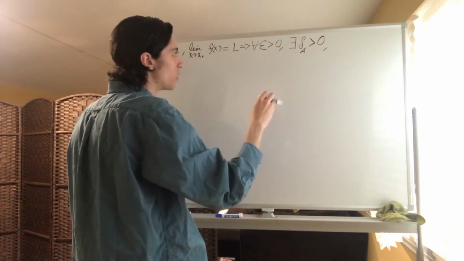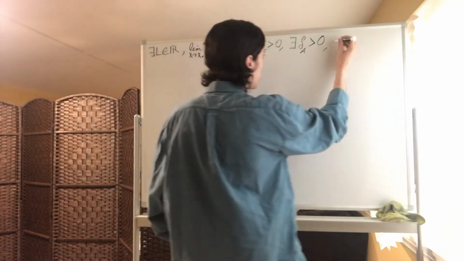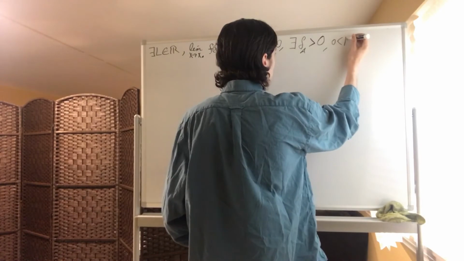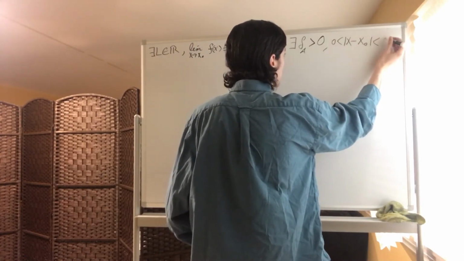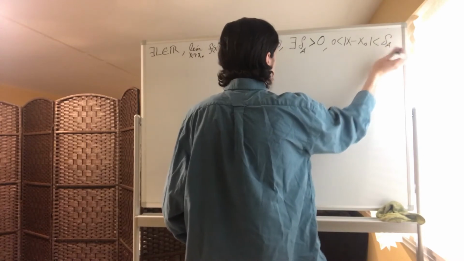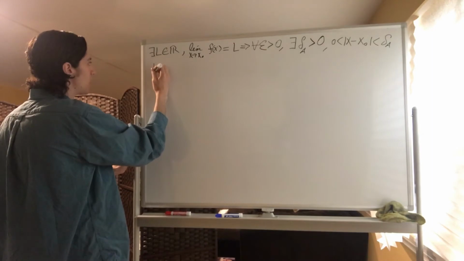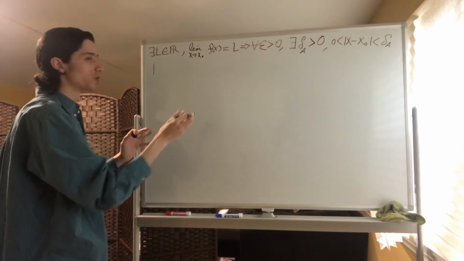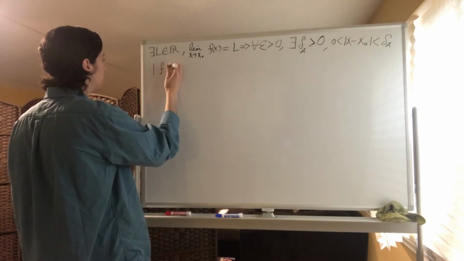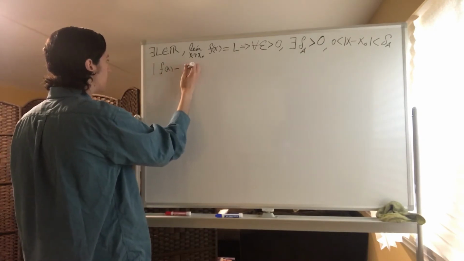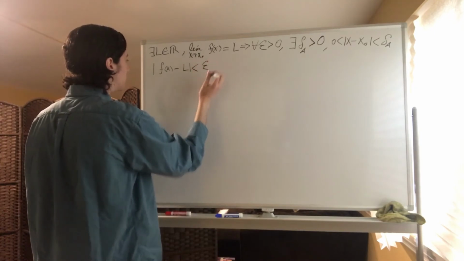Such that whenever x is within delta of x naught, the thing it's approaching, in other words, 0 is less than the distance between x minus x naught, which is less than our delta A, this implies that the distance between our function and our limit, that f of x minus L, is less than epsilon.